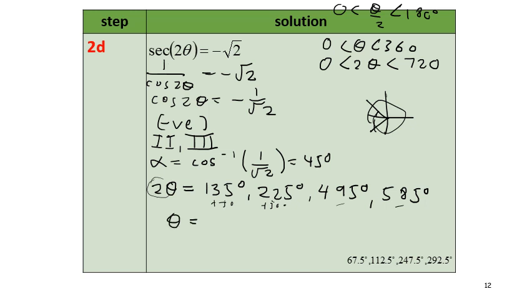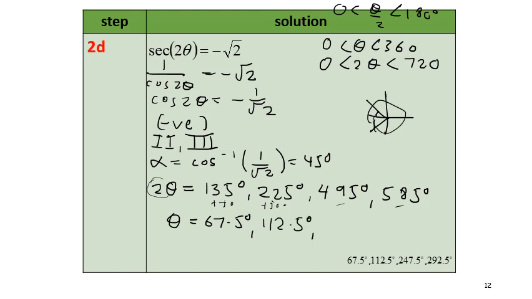Okay, and then lastly theta. So we divide these angles by 2. Press your calculator. 135 divided by 2, change into decimal, we got 67.5 degrees. 225 divided by 2, again change into decimal, we got 112.5.